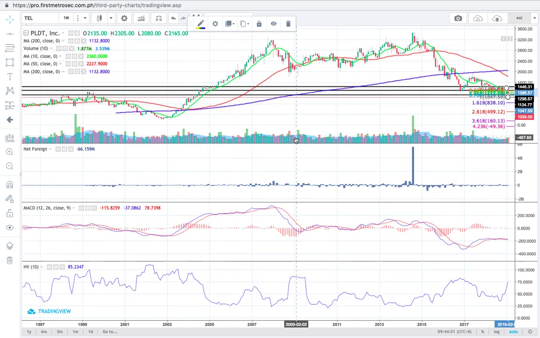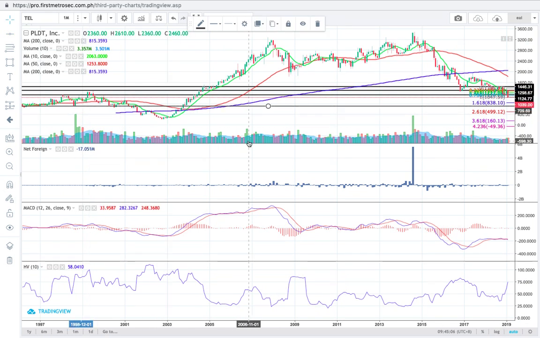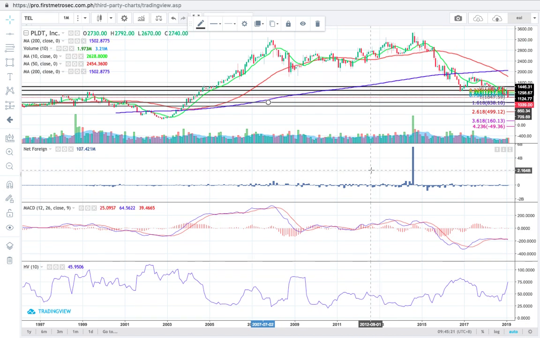On this 1 month chart, support is at 710. It could be somewhere here as well, which is in confluence with our 61.8% Fibonacci retracement. Where was that? At 838.